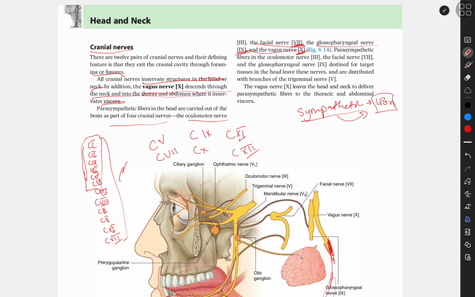The parasympathetic ones are rest and digest. When you're at your couch, you're not thinking of the lion. You're at home, chilling, relaxing, watching TV. The facial nerve, glossopharyngeal, and the vagus nerve will activate the parasympathetic.